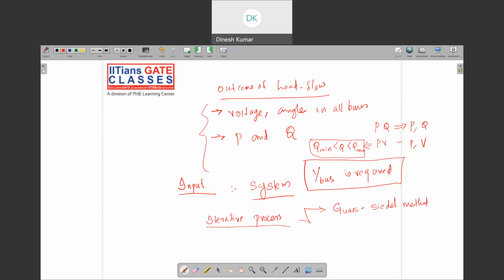The second one is Newton-Raphson. I'll be teaching you these two methods, and we'll be looking at the Gauss-Seidel method in this particular session.